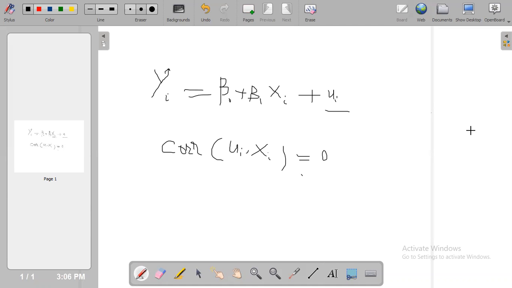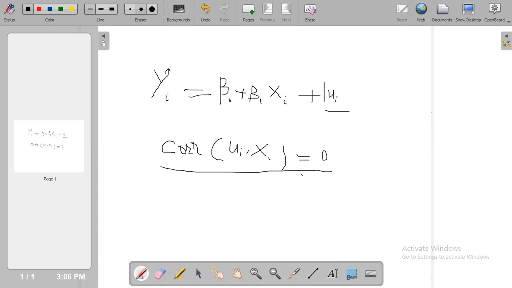This assumption that we are talking about, which says that the correlation between x and ui should be 0, is saying that there should be no correlation between the included independent variable and those which are not included, but are part of the ui.